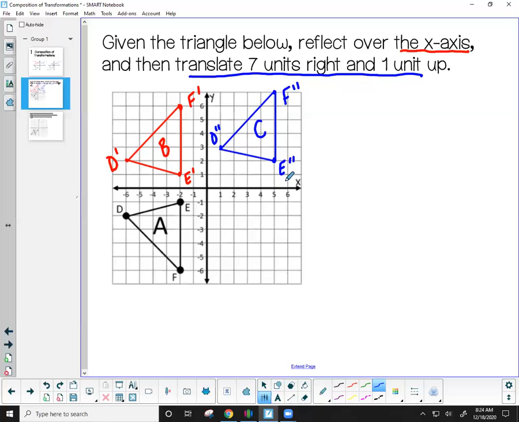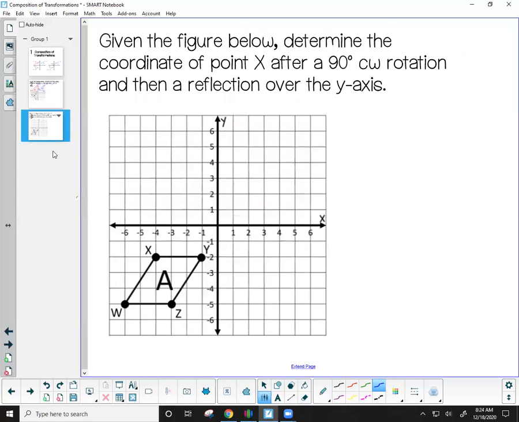So that's what a composition is, just meaning we're doing more than one. What we're going to be doing today, because we really can't graph the way we normally would in class, is following a single point through 2 transformations. Instead of having to do all of it, we are just going to follow a single point.